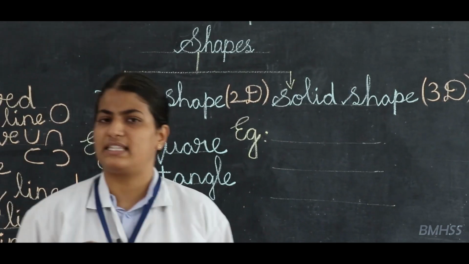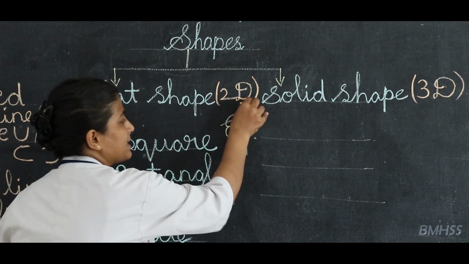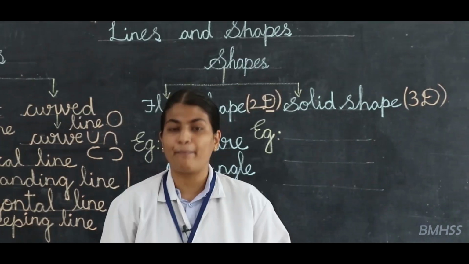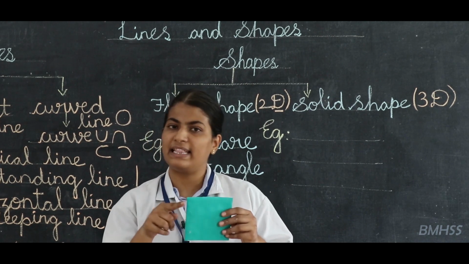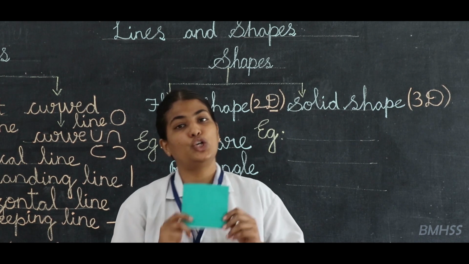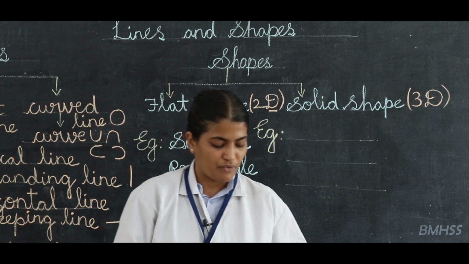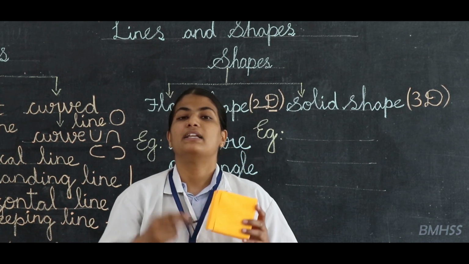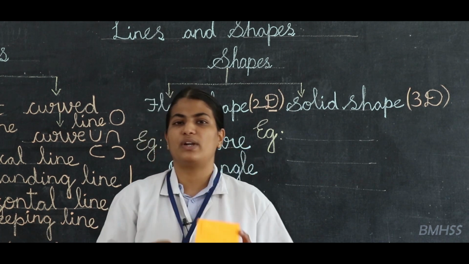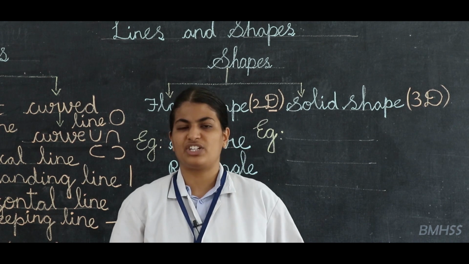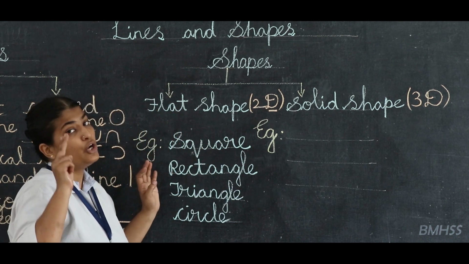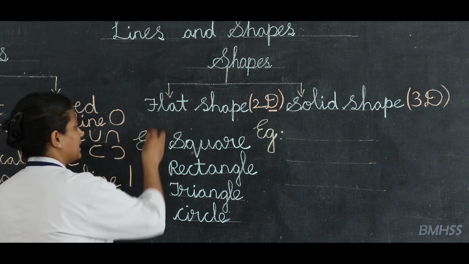I will tell you this D. D represents dimension. So when a shape has two dimensions, length and breadth, it is known as 2D shape or flat shape. When a shape has three dimensions, that is length, breadth and height, it is known as 3D shape or solid shape.